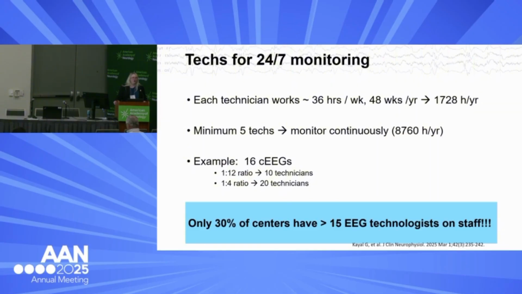And right now, only 30% of academic centers, where we have the highest number of technologists, have more than 15 EEG technologists on staff. Based on US Labor Department estimates, there is an 11,000 person shortage in the number of neurophysiologic technologists who are currently available to perform studies.